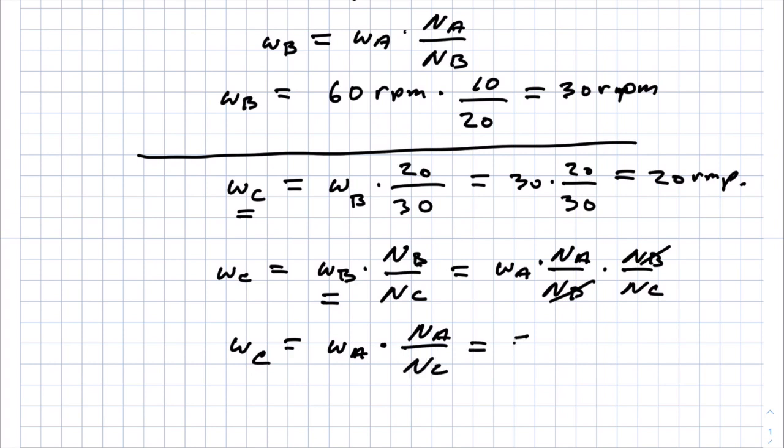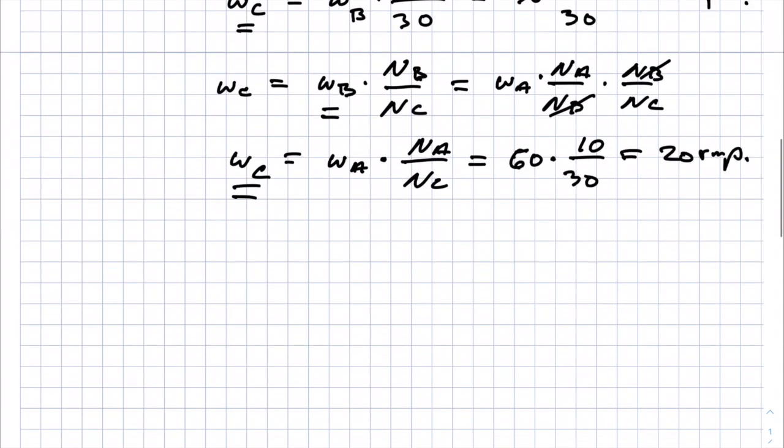So the 60 times the 10 divided by 30 gives you the 20. Hopefully you're following that. These are the gear ratio formulas.